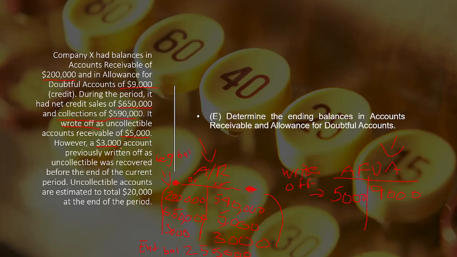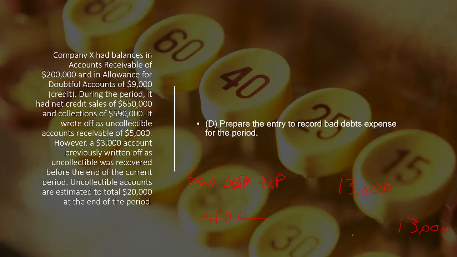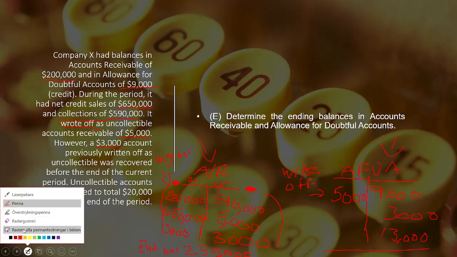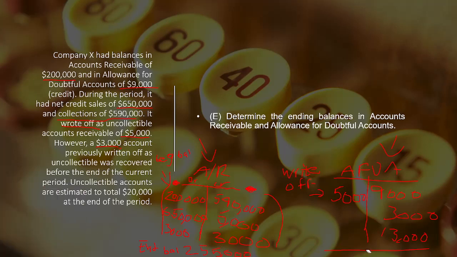Recovery 3,000. Bad debt was from the previous question. We calculated it right here, so add it here as well, 13,000. And if you calculate, you will get 20,000.